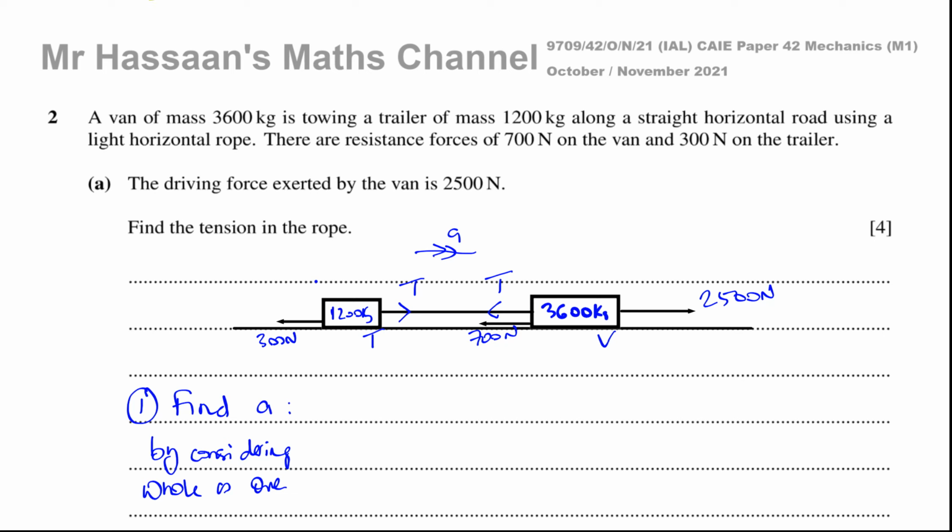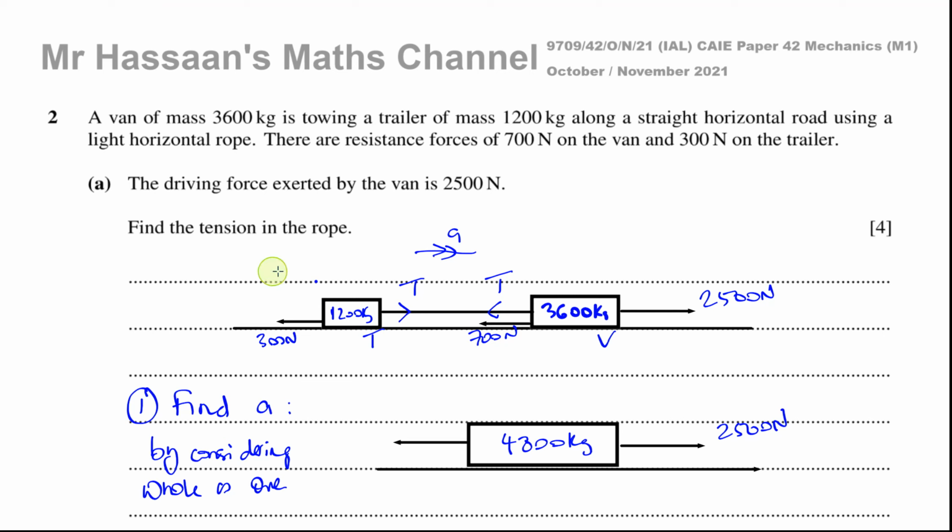We can think of it like we have one block moving on this horizontal road, and it has a combined mass of 1,200 plus 3,600, that's 4,800 kilograms. The driving force is 2,500 newtons. And the total resistance to motion is going to be 700 plus 300, which is 1,000 newtons.